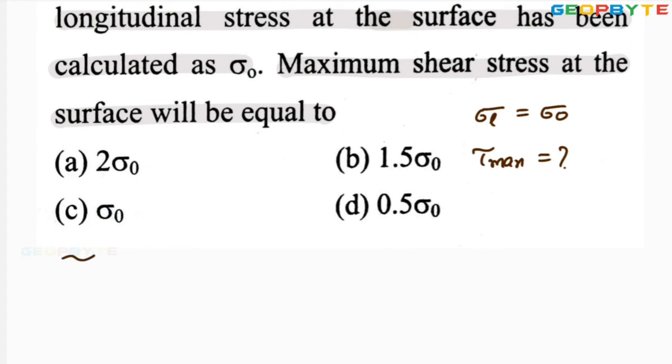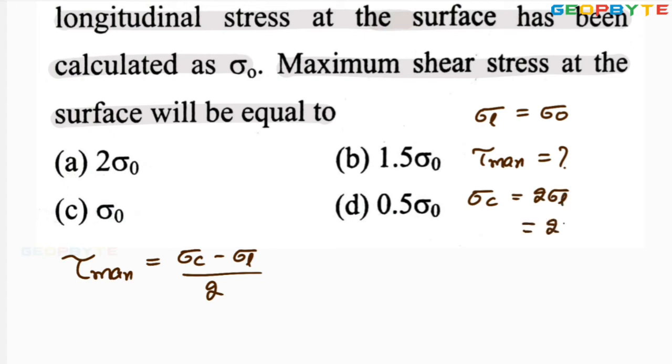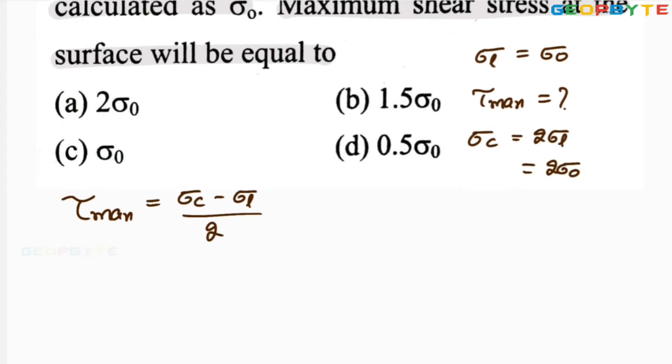As you know, the maximum shear stress equal to sigma c minus sigma L by 2. Here sigma L equal to sigma naught, sigma c equal to 2 times the sigma L, equal to 2 times the sigma naught. Now the circumferential stress sigma c equal to 2 sigma naught minus sigma L is sigma naught divided by 2.